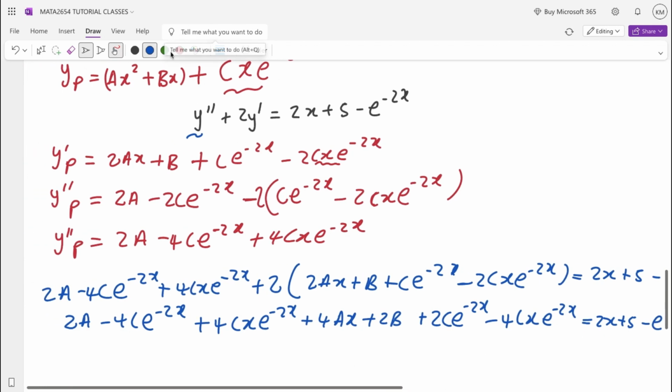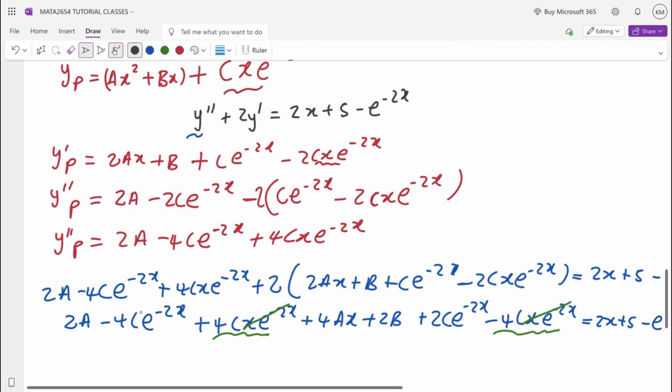Okay, so let's see if there are like terms, then what cancels away will cancel away and so forth. So we see that we have positive 4cx e to the minus 2x and negative 4cx e to the minus 2x. So this one and that one will cancel out. Then what else will cancel out or add up as like terms? Let's look at this one now.